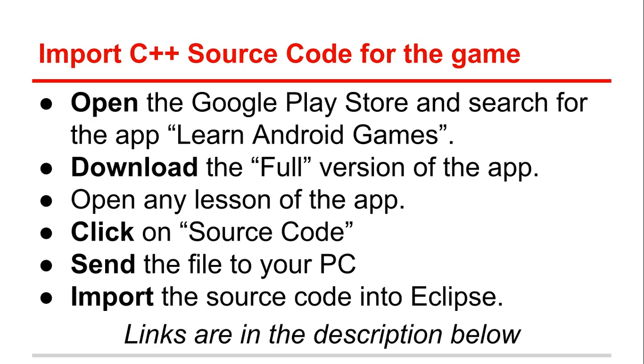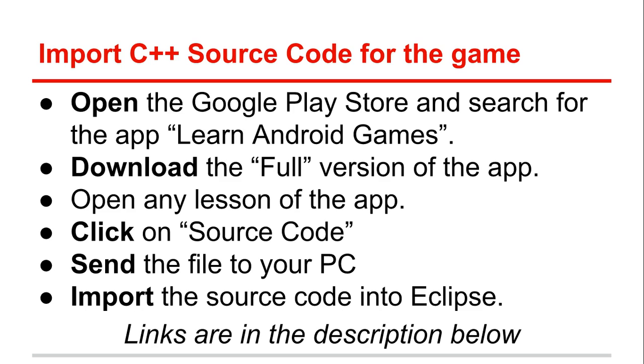So, in order to continue this video tutorial, you need to import the C++ source code for the game. To do that, you can open the Google Play Store and search for the app Learn Android Games. Then you're going to download the full version of the app. Then just go ahead and open any lesson of the app and click on the source code download button.